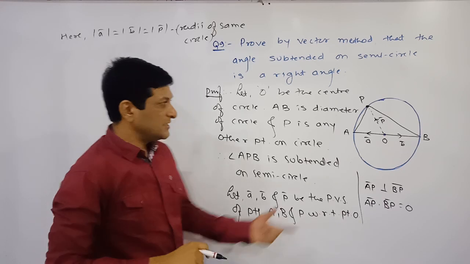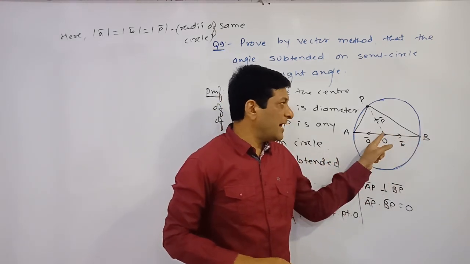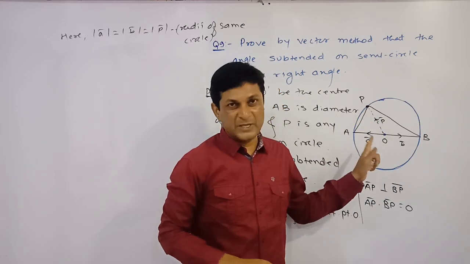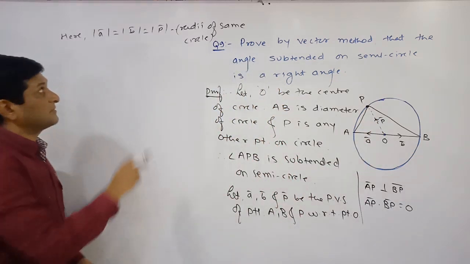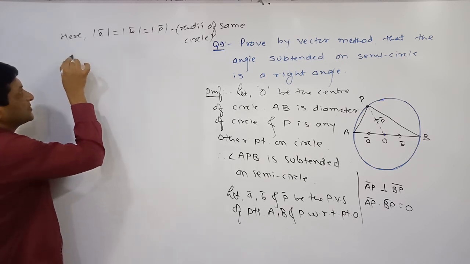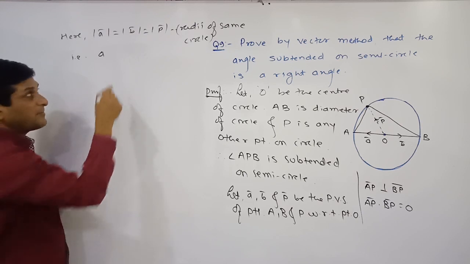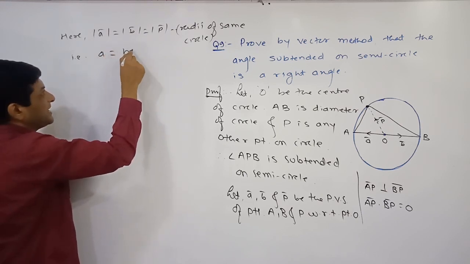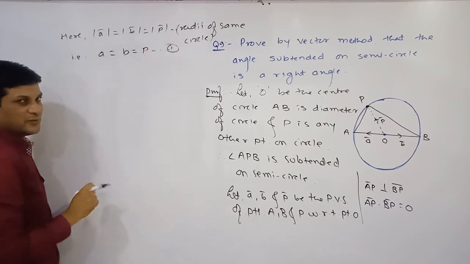Magnitude of A bar means OA, magnitude of B bar means OB, and magnitude of P bar means OP. All these are radii of the same circle. That's why the lengths are equal. So the magnitude of A bar can simply be denoted by A, of B bar by B, and of P bar by P. Let us denote it by equation number 1.